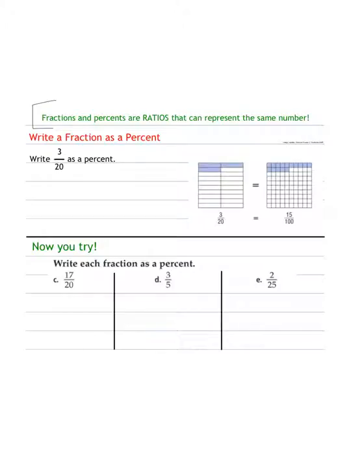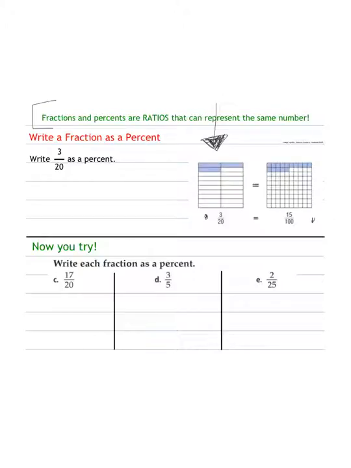So if we see 3/20 and we want to write it as a percent, we can see right here that we have 20 rectangles. 20 represents our whole, and 3 of them are shaded in. If we change these boxes into smaller ones, we have the same size whole, but our parts are a different number.